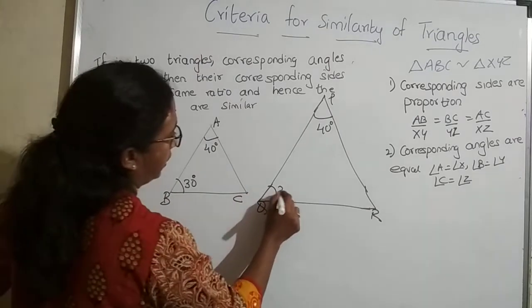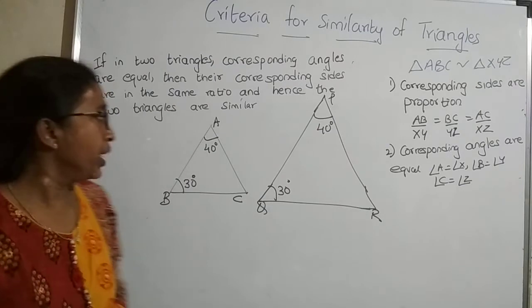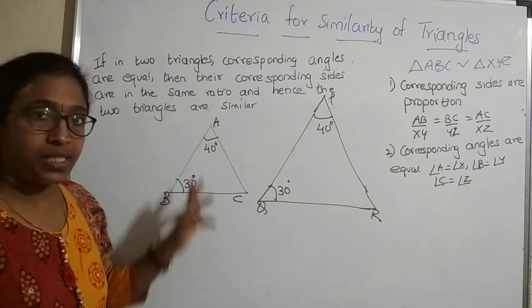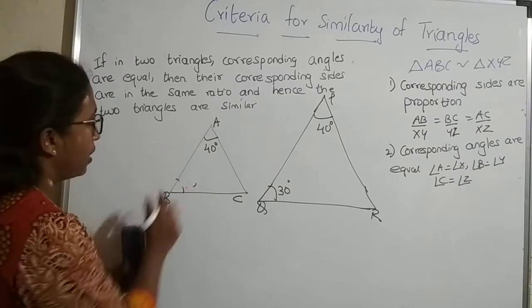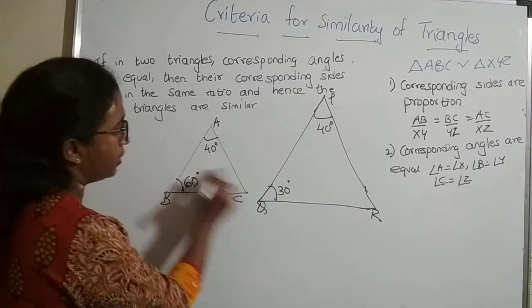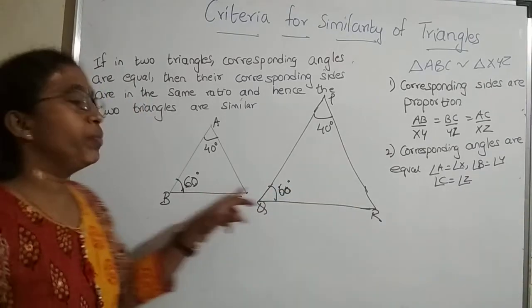Here this is 30. So we have 40 and 30 degrees here. So we can say this is 70. Okay, I'll just take this measurement differently. Suppose for example I take this as 60 degree and here 60. So here this will be 80.